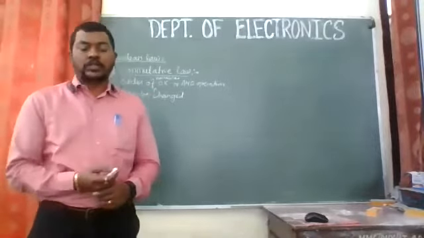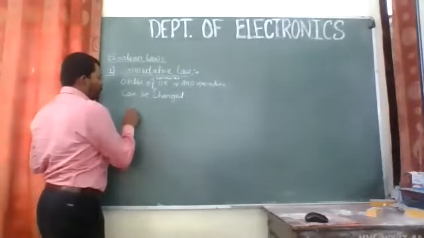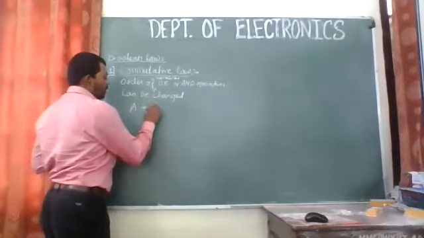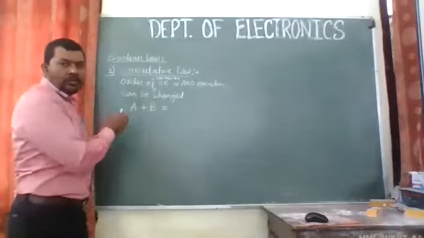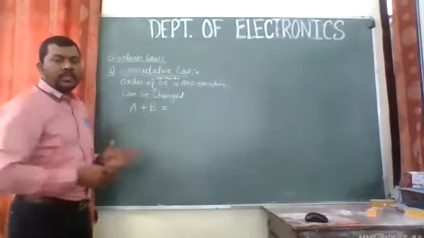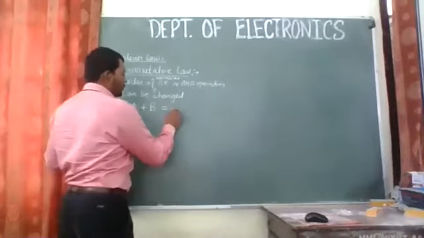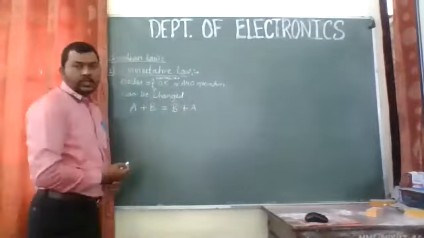Now let us see how it can be changed. For example, we have two variables A and B. For the OR operation, we usually write A plus B. The positions of these variables can be interchanged; that is the commutative law. So B plus A can be written like this.